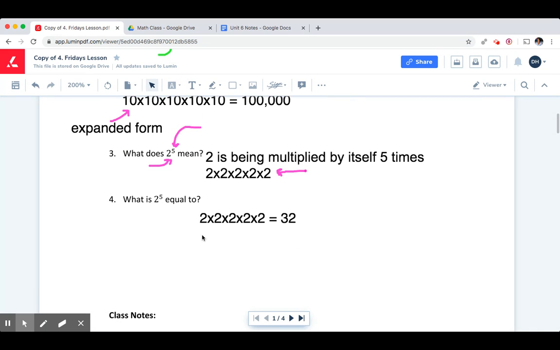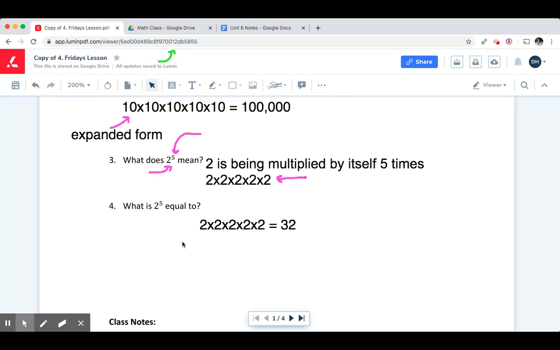When we want to solve that, we will solve using the multiplication that we know. We will go step by step. 2 times 2 is 4. 4 times 2 is 8. 8 times 2 is 16. And last, 16 times 2 is 32.